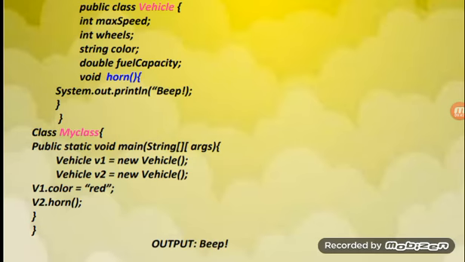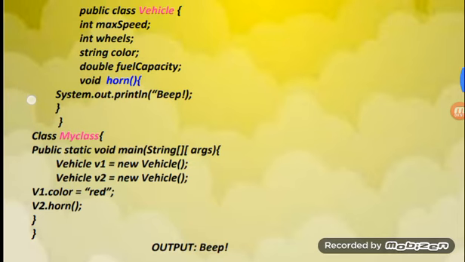That means whenever we use the Vehicle class with its attributes, I am using the dot syntax with v1.color. Whenever we call v1.color, we have already given v1.color equal to some color, red. And v2.horn will have a beep sound.